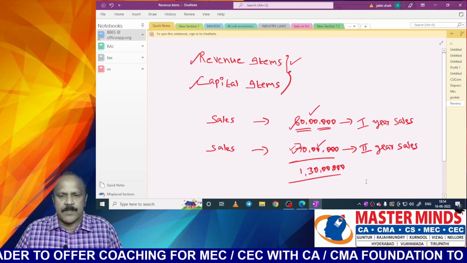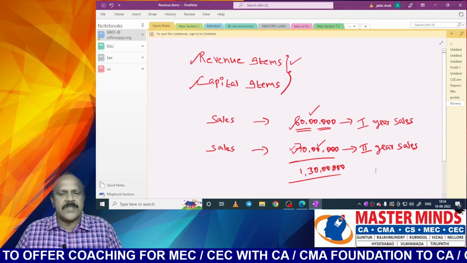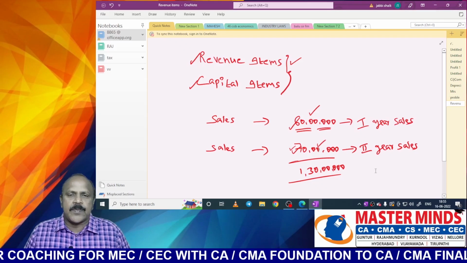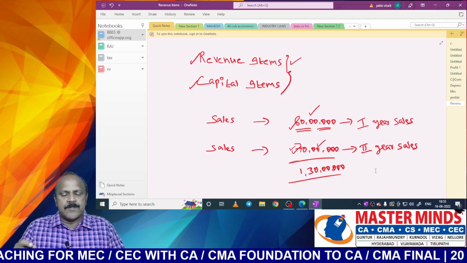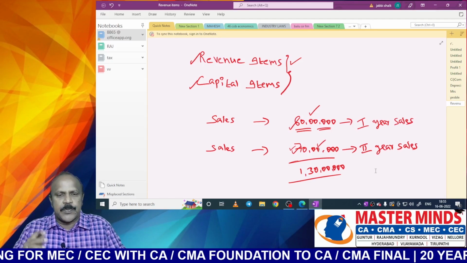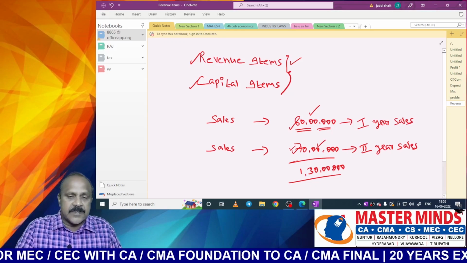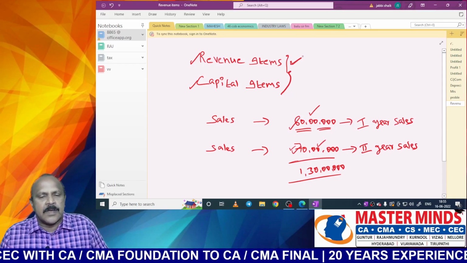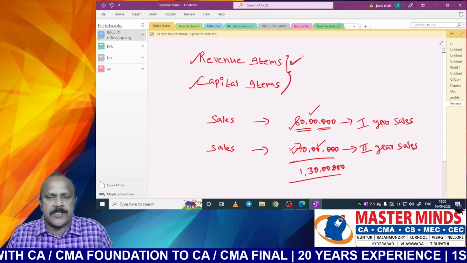Students, all the items in accountancy are classified into two: revenue items, capital items. Let us discuss each one in detail. First of all, let us know about revenue items.